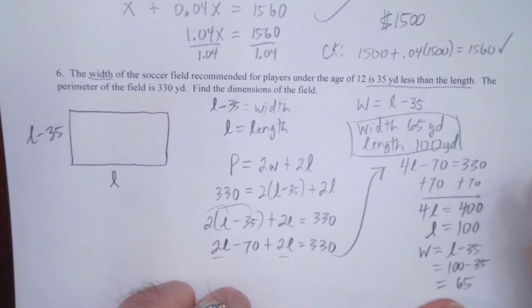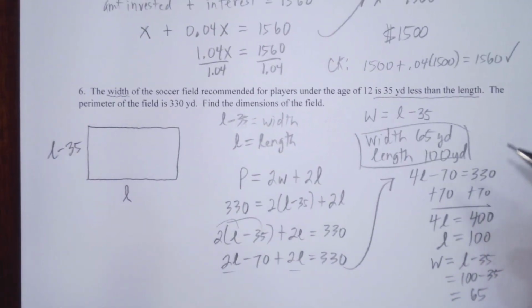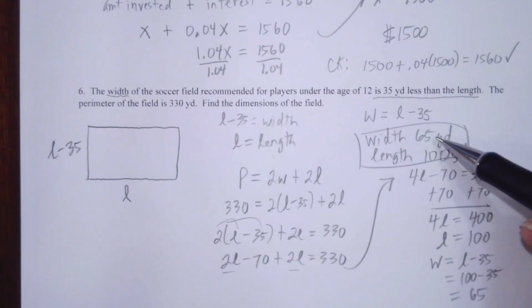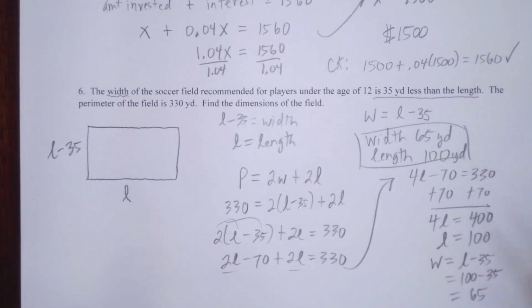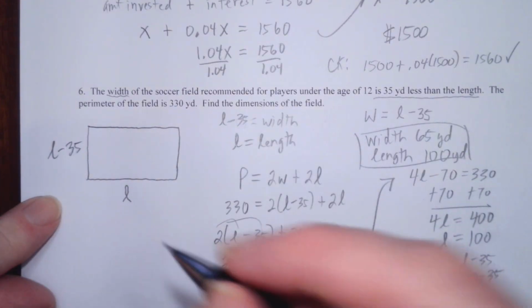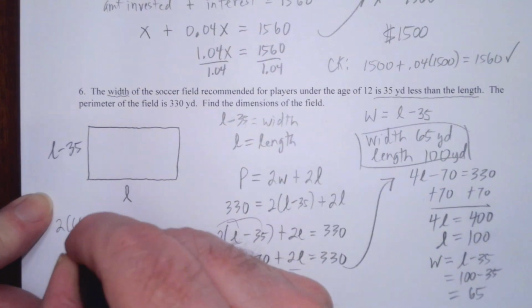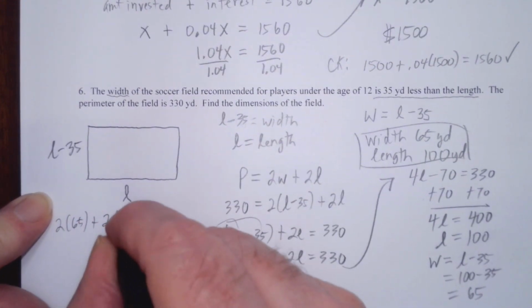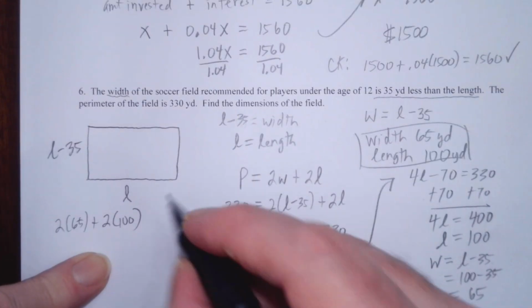Now let's just double-check and make sure that this checks. So certainly the width is 35 less than the length. 100 minus 35 is 65. Also, if we take two widths, so 2 times 65 plus 2 times the length, which is 100, we should get a perimeter of 330.